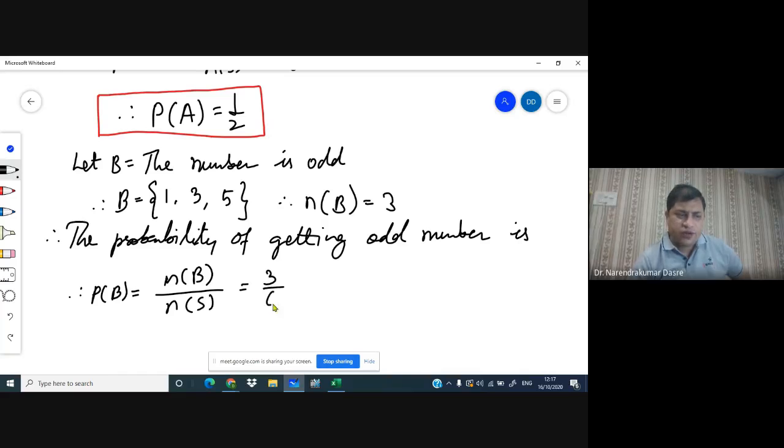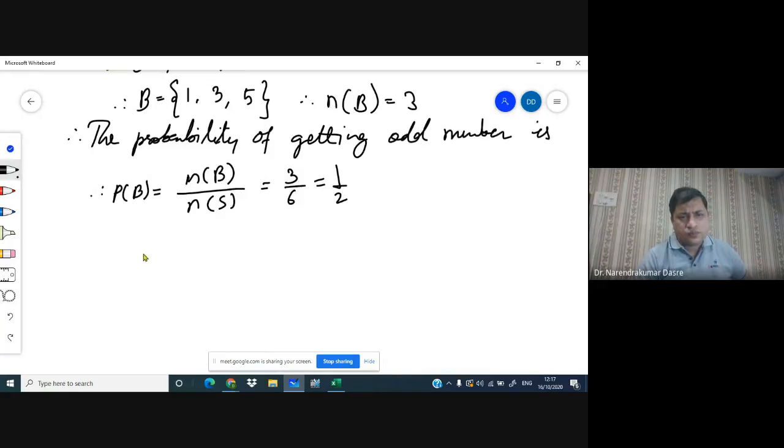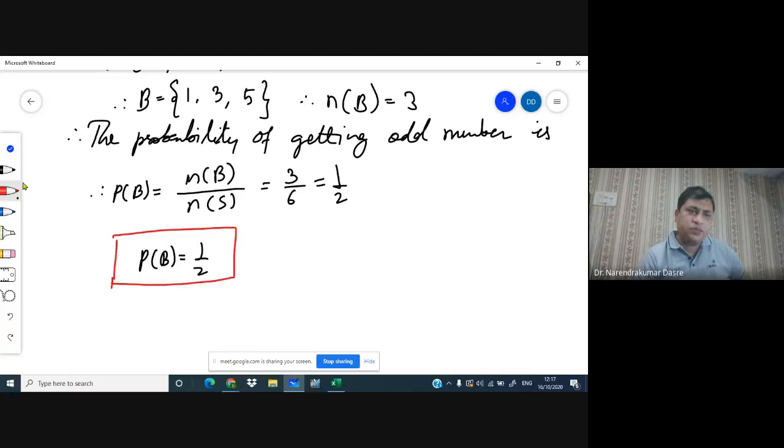Here we have 3 by 6, which is again one half. So the probability of B is equal to half. So we have the probability of the event B. Now let us see the next event.